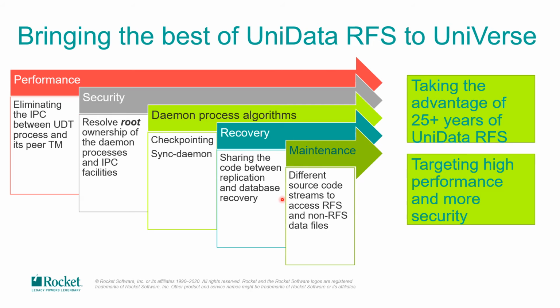Another thing is the UniData source code streams. We have two different source code streams, one for the recoverable file and the other for the non-recoverable file. So it's kind of a headache for us. Sometimes if there is a problem we have to fix here, then we have to port it to the other place. So there are some maintenance problems for the UniData recoverable file system.